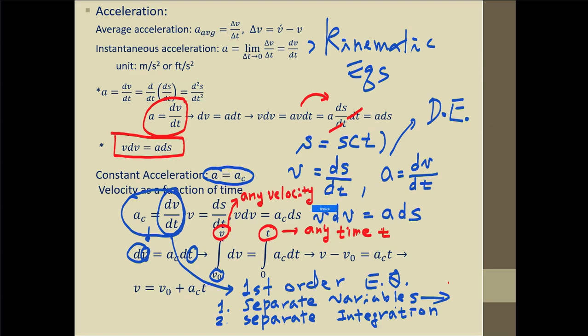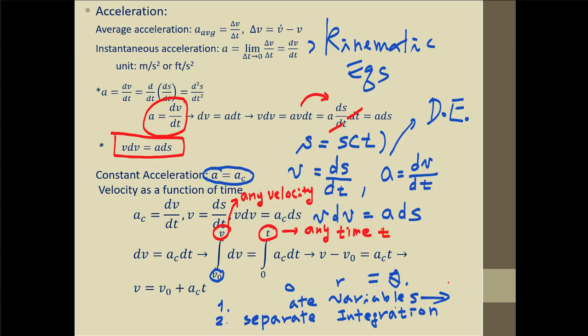Okay, then we integrate. We integrate the left-hand side. Left-hand side is simply dv. dv is the same as 1 times dv. So the integrand is the function to be integrated. The integrand of the left-hand side is simply 1.